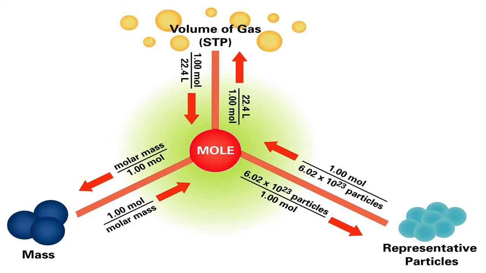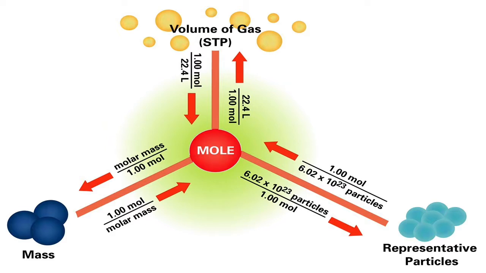And then you have the mass, which means that the mass in grams of 1 mole of any particle is equal to the mass of 1 particle in atomic mass units. That is, the mass of 1 particle in atomic mass units, and if I take a mole of that, that's equal to the molar mass.